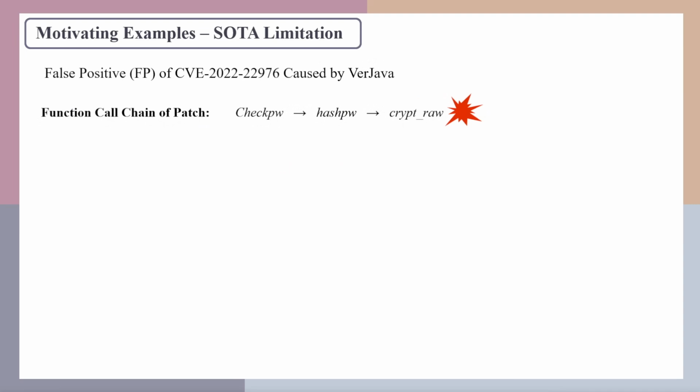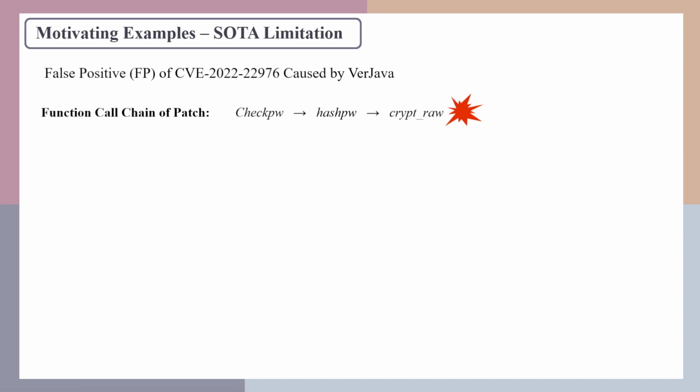Another approach is VIRJava, which also caused false positives in this case. This is the function call of functions in the patch. It first checks the password in the checkpw function, and during checking the password, the function invokes hashpw and crypt_raw to perform the central password hashing step in the bcrypt class.